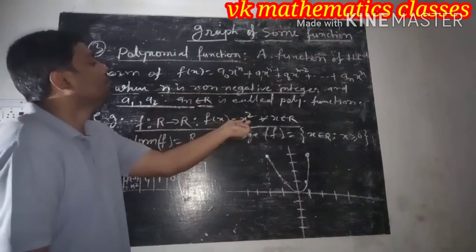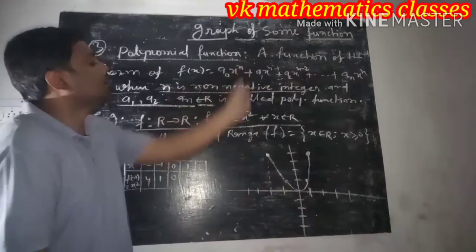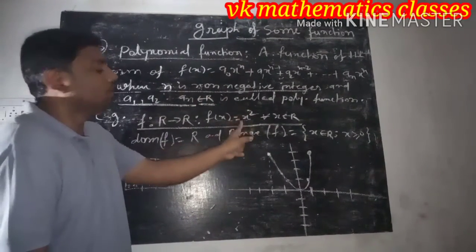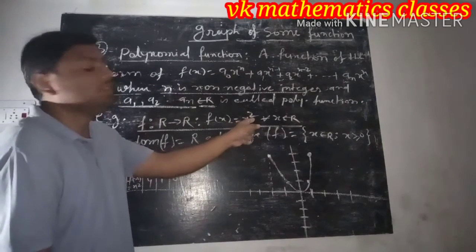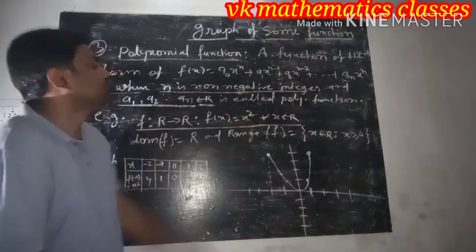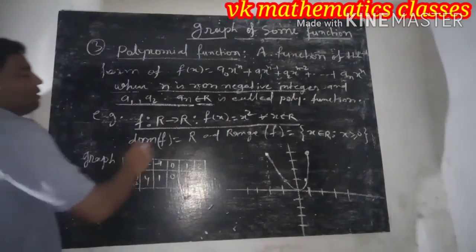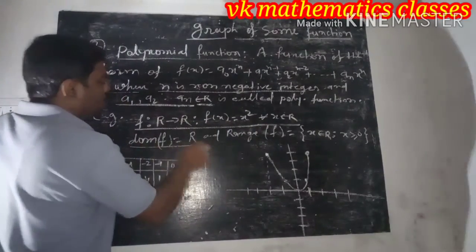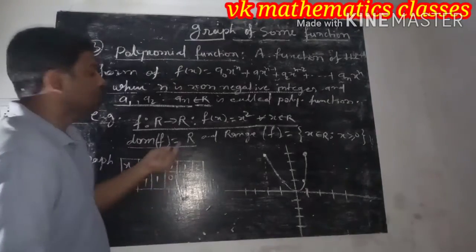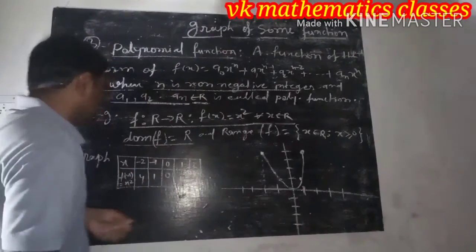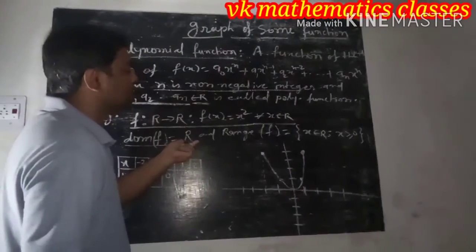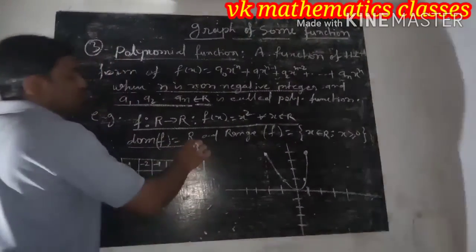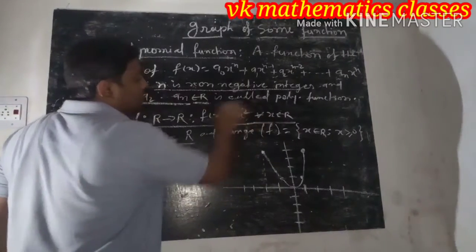Here it is of the form a1 x^n, where a1 is 1 and the value of n is 2, which is a non-negative integer. So in this form the domain of f is R, because if you take any real number, it maps to the square of that number.